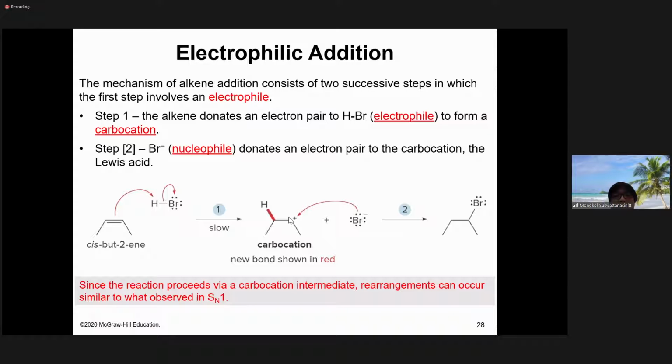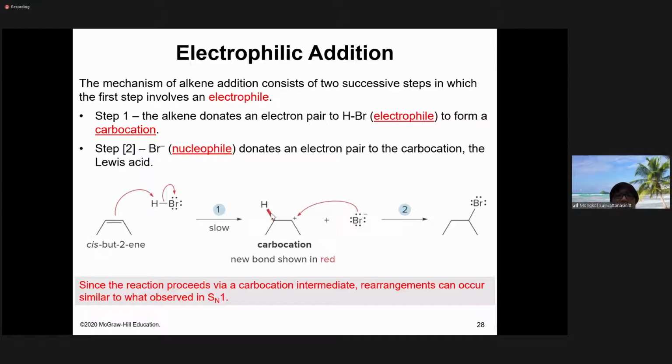In this case, what kind of carbocation is here? Can you tell? Secondary, yes. You have two alkyl groups attached to the carbon of the carbocation, so we call it a secondary carbocation, which is somewhat stable, but there's something more stable, which is a tertiary carbocation.